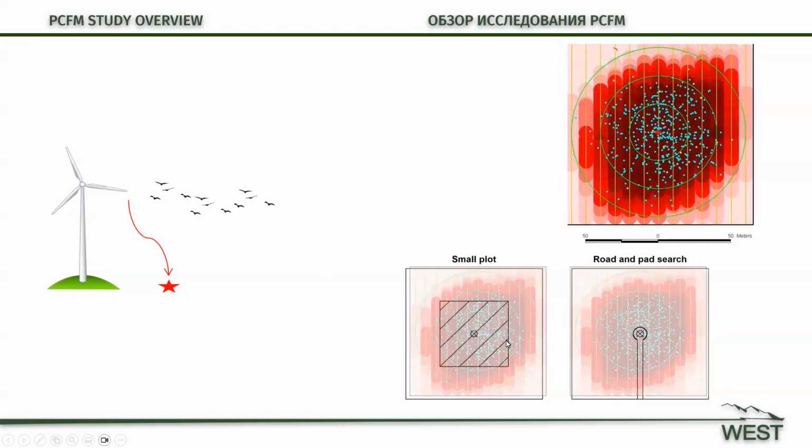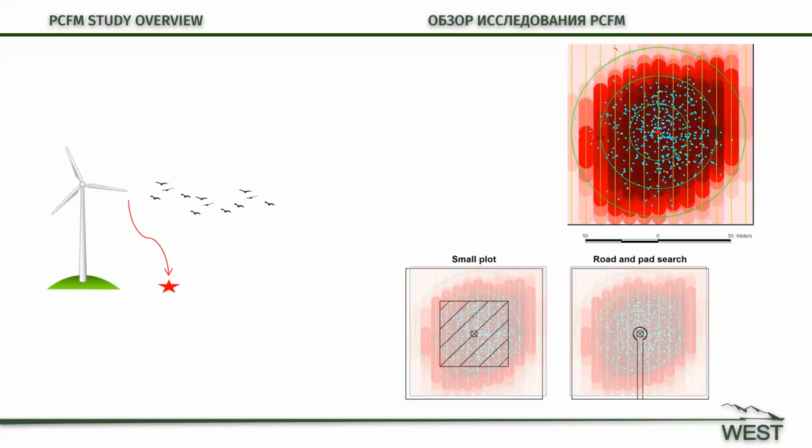On the other hand, if the terrain is very difficult and we can't clear that full plot and we can't search that full plot, we may end up searching just the turbine pad and the access road. That's a much smaller area. You can see we're capturing very few of the carcasses, and a very large number fall outside of the search area. So this bias is simply carcasses that fall where we're not searching.